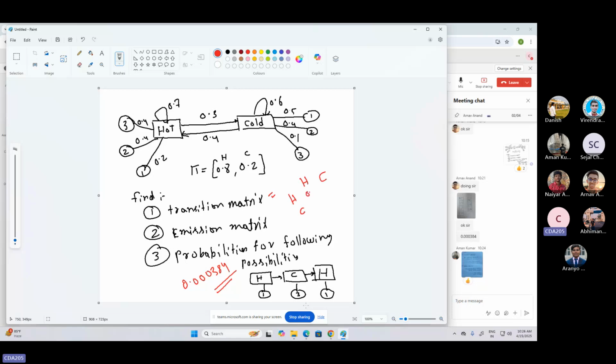It is 0.7, 0.3, 0.6. And this is the emission matrix.